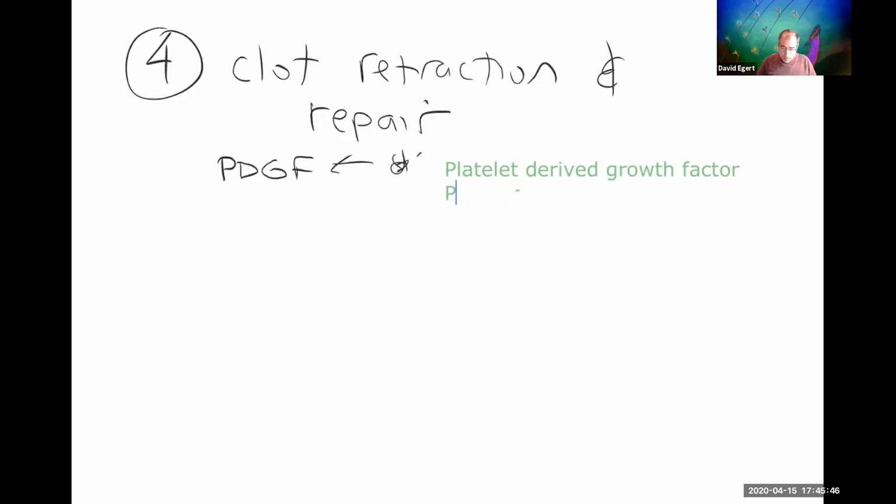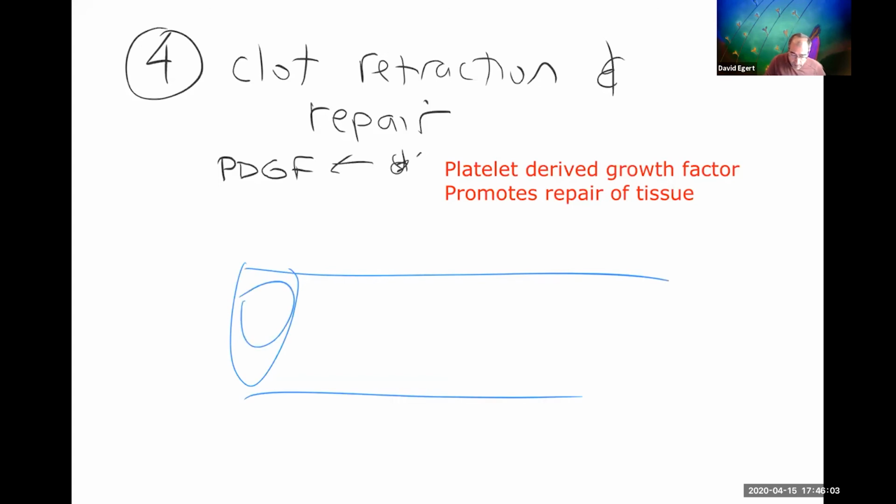This promotes repair of tissue. And so at this point, we now have our blood vessel. We still had that fibrin, but now the wall is all healed up.